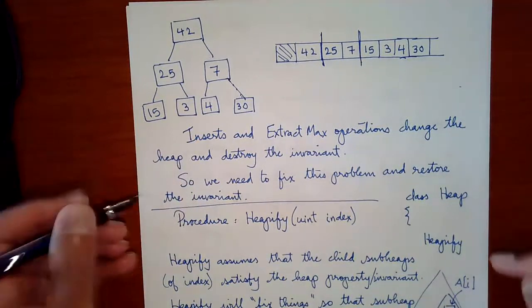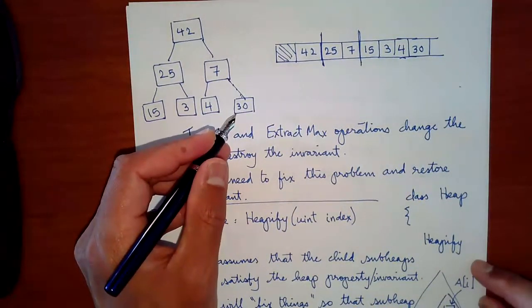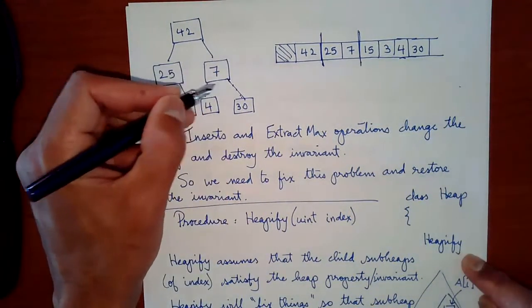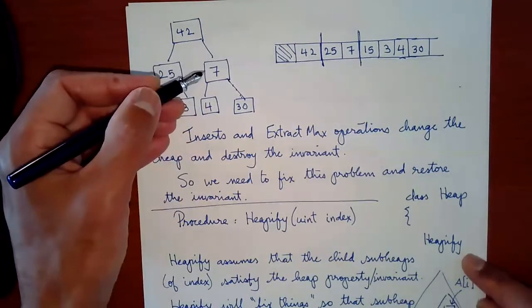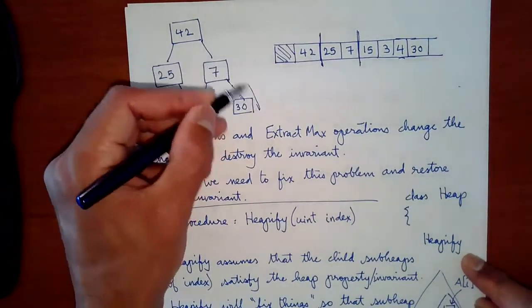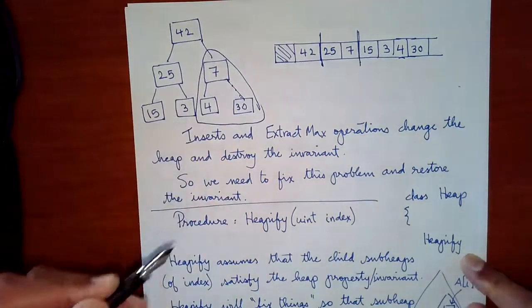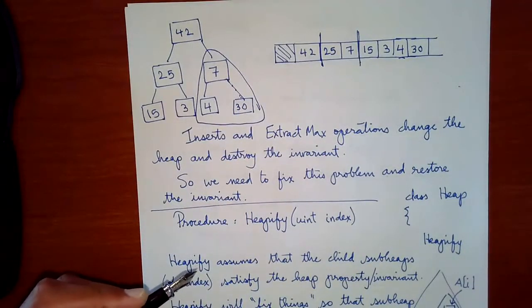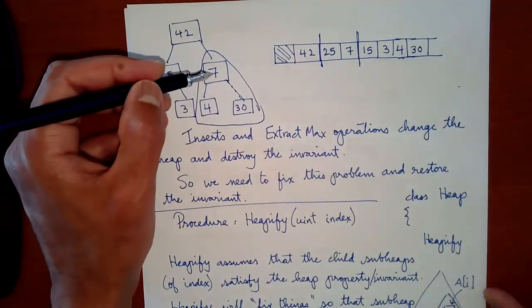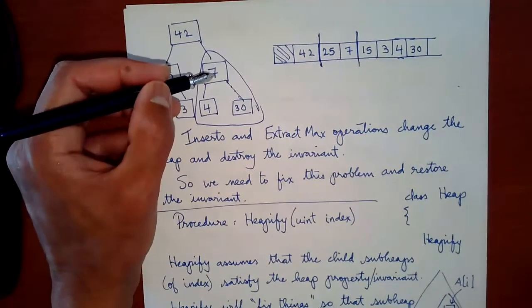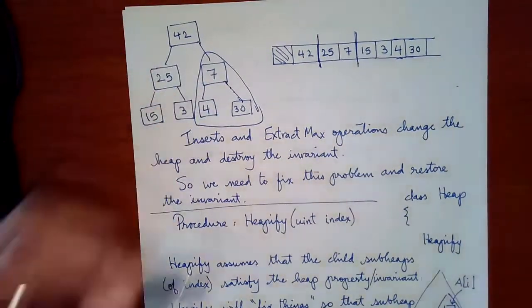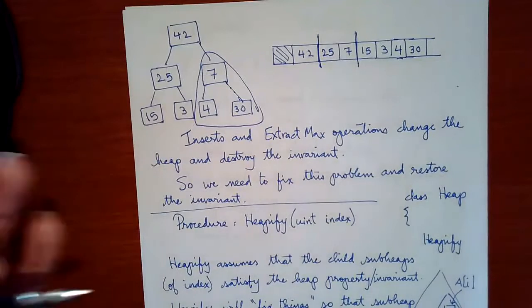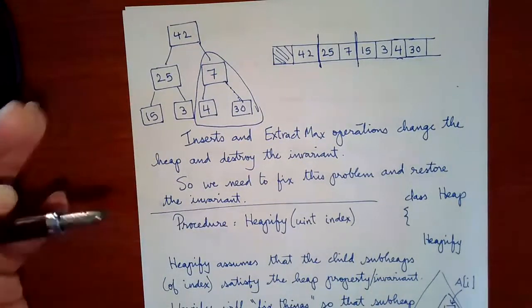It's not really a heap, it has a problem. And the problem, you could say, is at 7, because this is a subheap that doesn't satisfy the heap property. So you could call Heapify from this node to fix the problem. I haven't explained how you're going to find this node, how you're going to detect the problem, and so on and so forth.